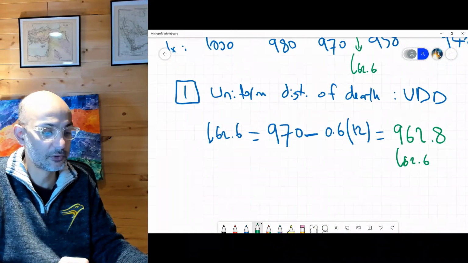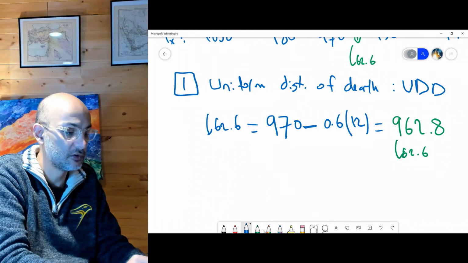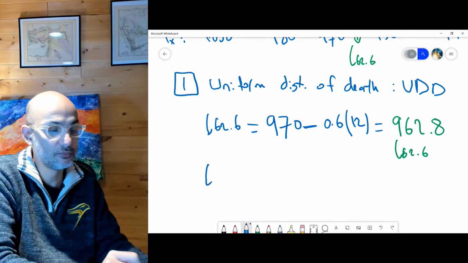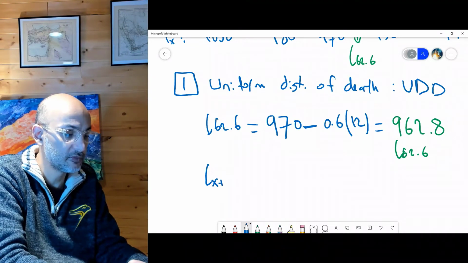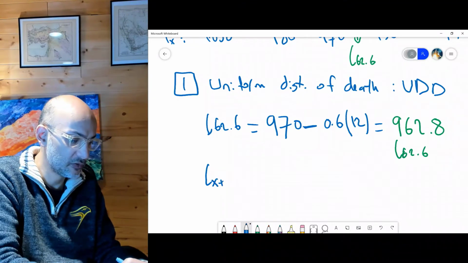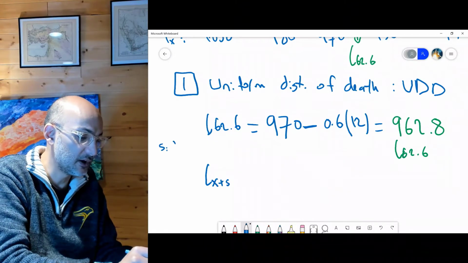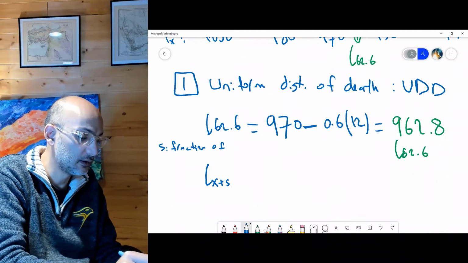But if you wanted the generalized rule, instead of L62.6, we will have, let's say, L at x plus s, using a small s for the fraction of a year.